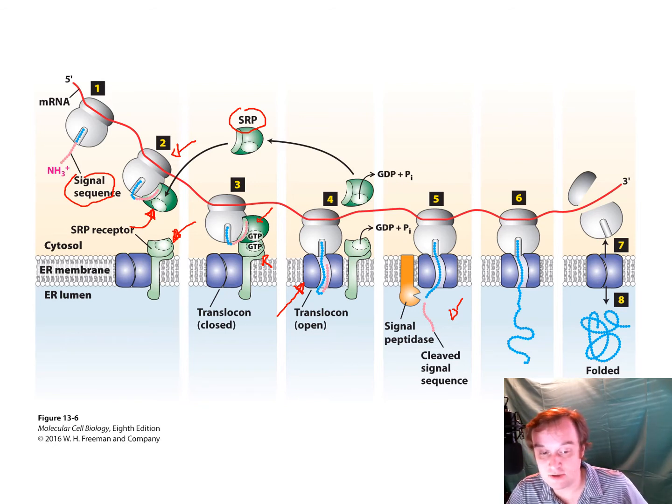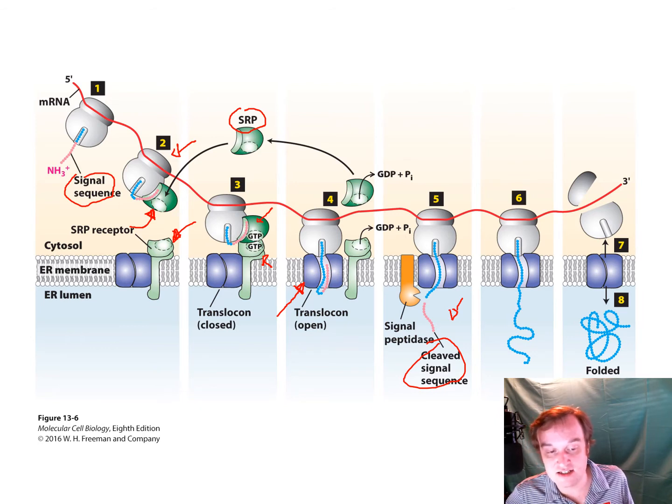The signal sequence is then cleaved by a signal peptidase, peptidase being an enzyme that cuts peptides, and then this cleaved signal sequence is rapidly degraded, so it's gotten rid of. Then in step 6, the growing polypeptide chain continues its extension through that translocon into the ER as we continue to finish this translation of the mRNA.